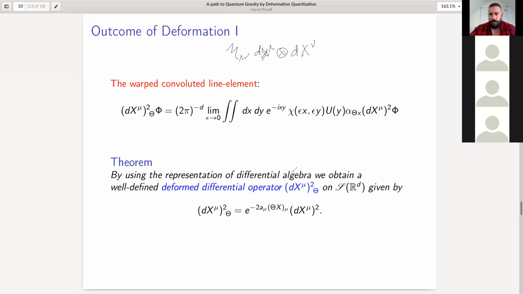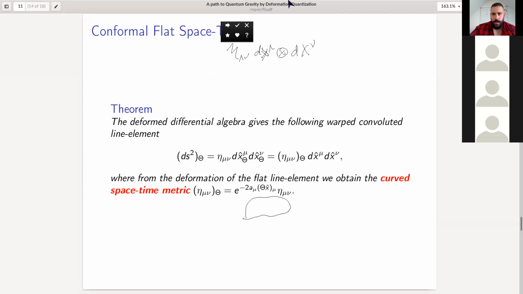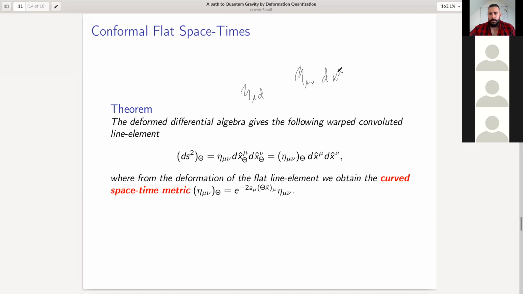In the representation of the differential algebra, we obtain a deformed differential operator e^{-2 a_mu theta X^mu}. So basically what happens is the following. I define a flat spacetime, eta_{mu nu} dx^mu tensor dx^nu, and now I deform this.